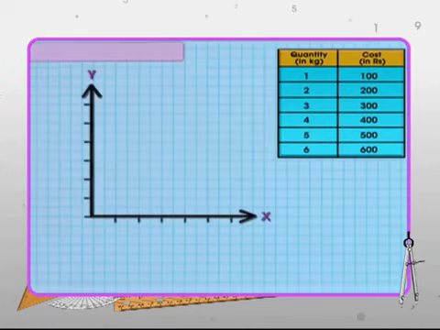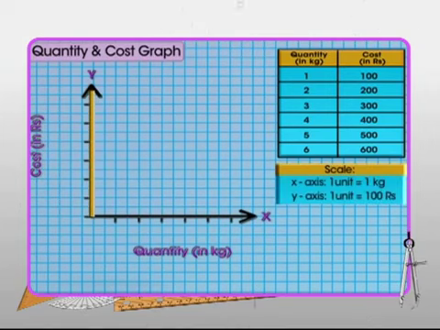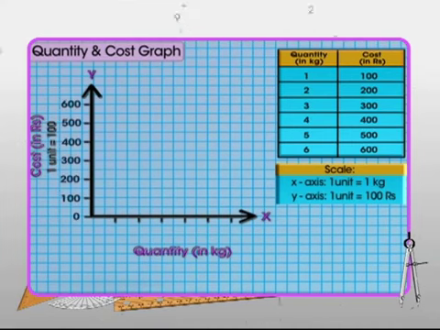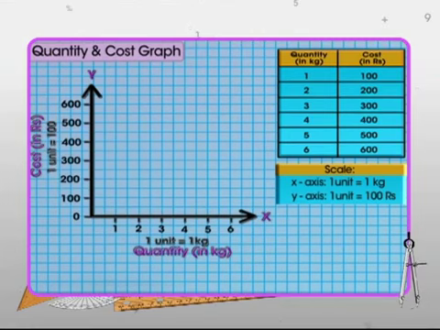So, while we plot the graph between quantity versus cost, we can represent the cost on the y-axis using a scale of 1 unit equal to rupees 100 and the quantity on the x-axis using a scale of 1 unit equal to 1 kg. Plotting the points 1, 100, 2, 200, 3, 300, so on.